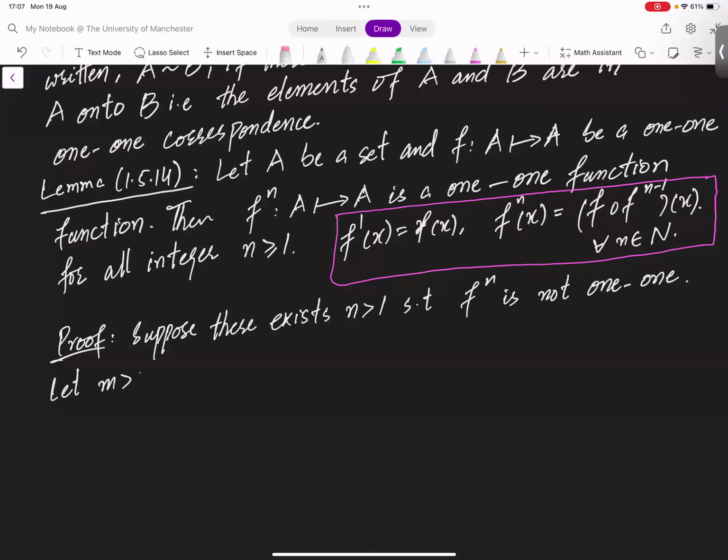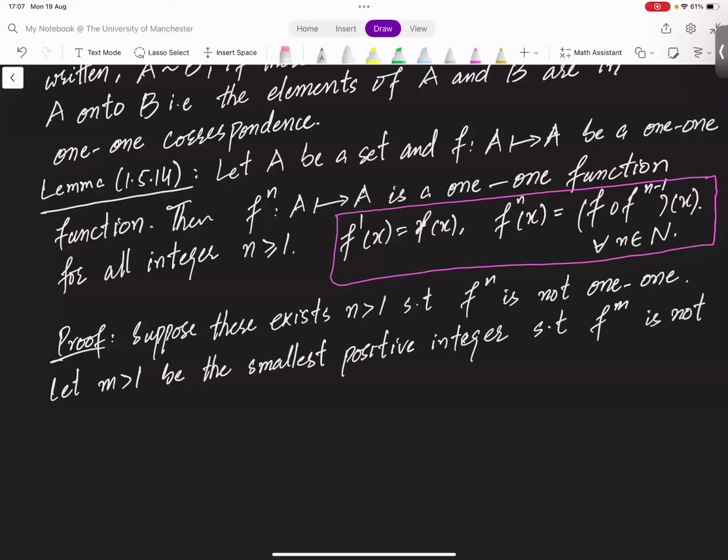Let m greater than 1 be the smallest positive integer such that f power m is not 1-1.